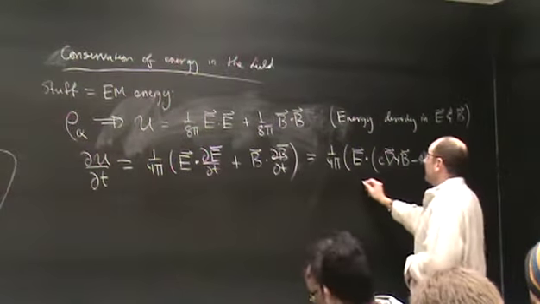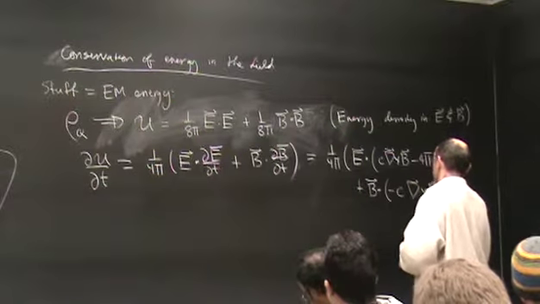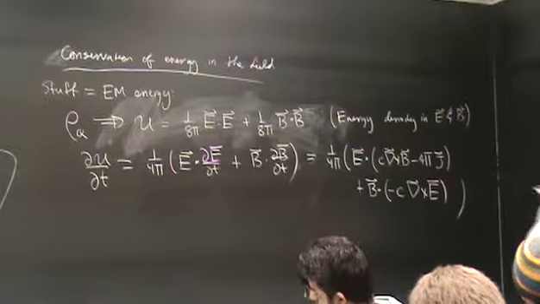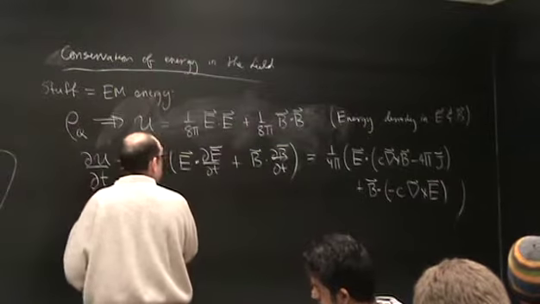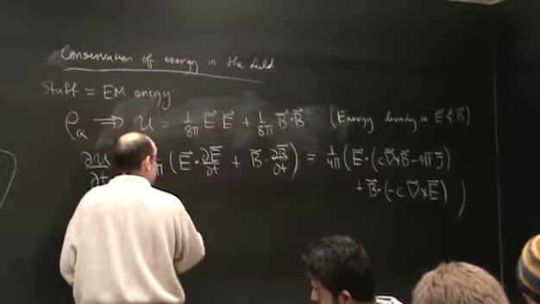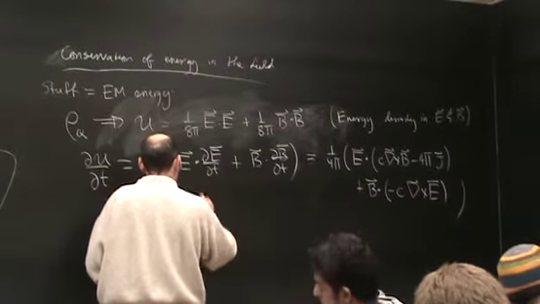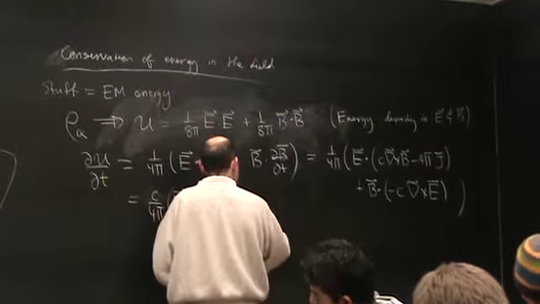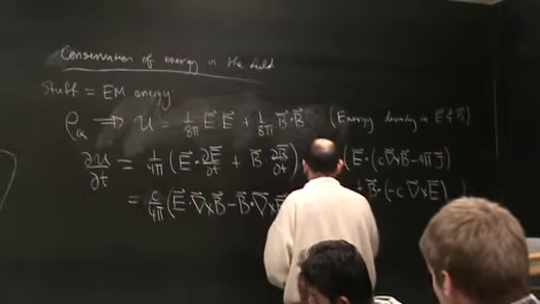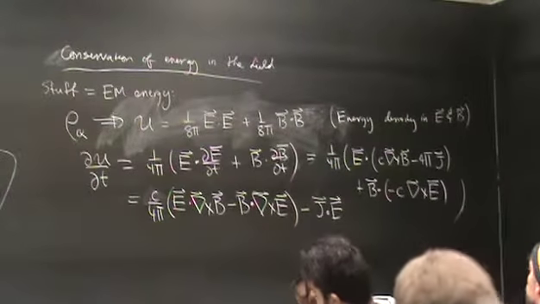And dB/dt is equal to minus c, the curl of E. So what we got here is that this is equal to c over 4 pi, E dot the curl of B minus B dot the curl of E, minus J dot E. And that's equal to this.